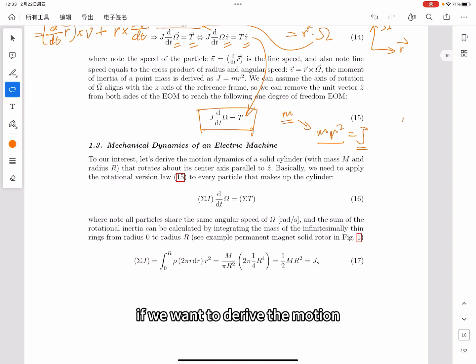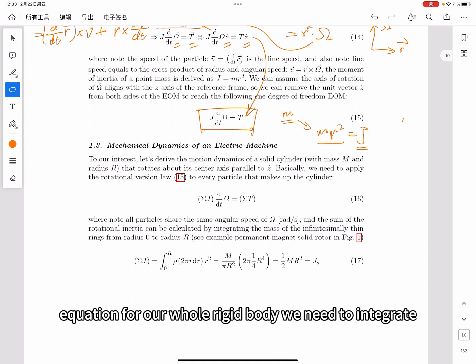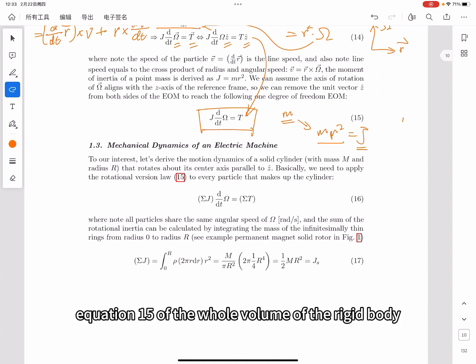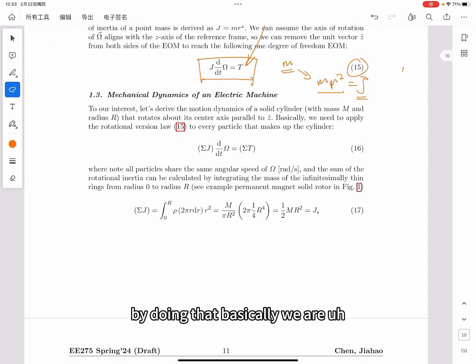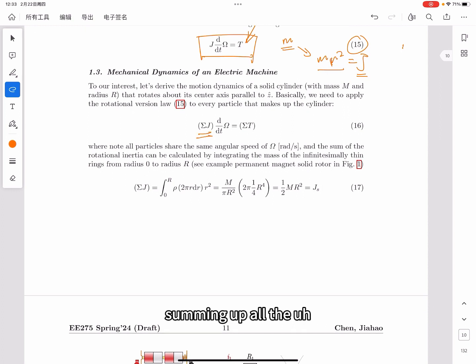If we want to derive the motion equation for our whole rigid body, we need to integrate equation 15 over the whole volume of the rigid body. By doing that, we are summing up all the equations of motion for all particles inside this rigid body.